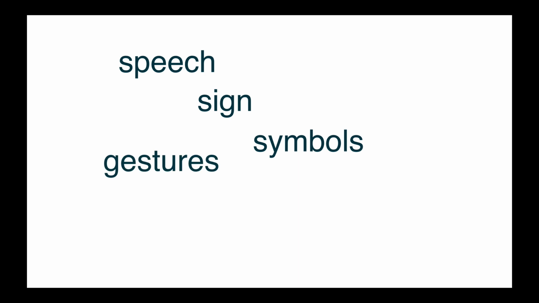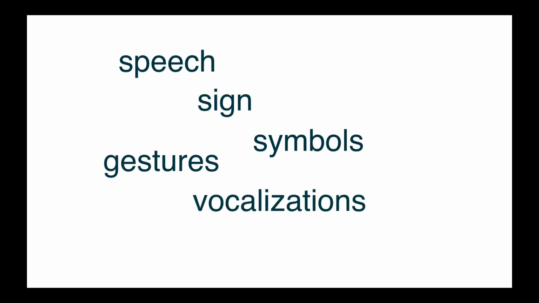Speech, sign, and symbols are all examples of symbolic communication. Gestures, vocalizations, and behaviors such as changes in breathing or heart rate, tensing muscles, puckered lips, and many more are examples of non-symbolic communication behaviors.